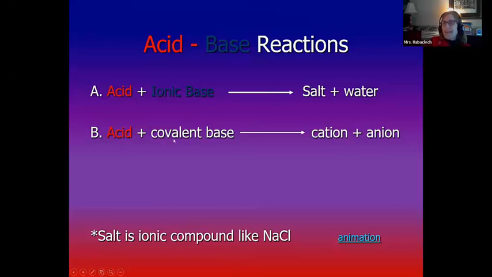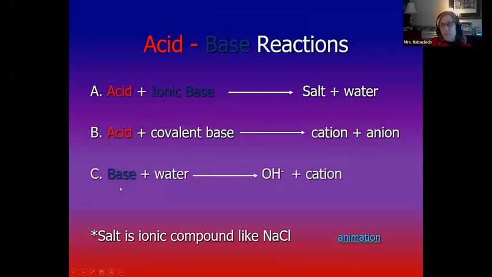If you have an acid and a covalent base, you're going to end up with two ions, a cation and an anion, one positively charged, one negatively charged. Now, something you need to keep in mind is that if you have an acid and you're coming up with the reaction equation, usually all the H's go from the acid to the base.